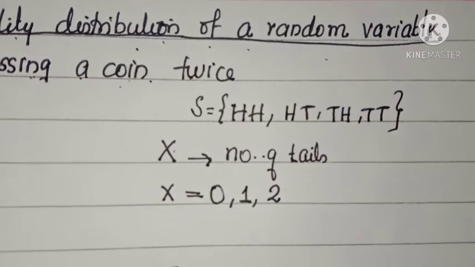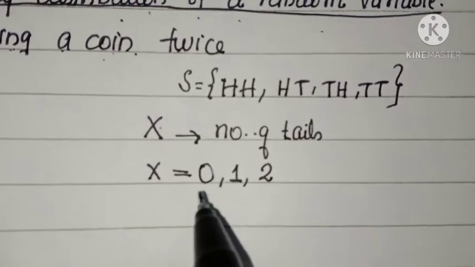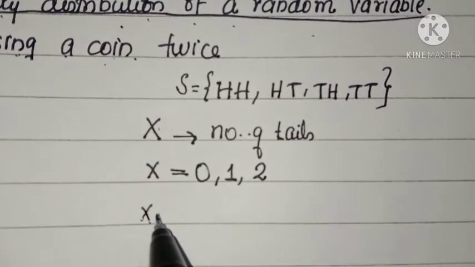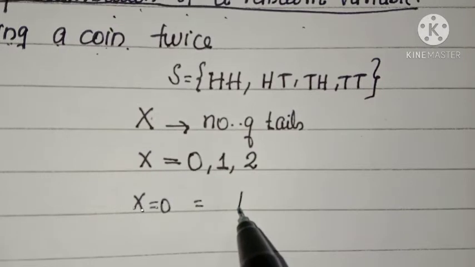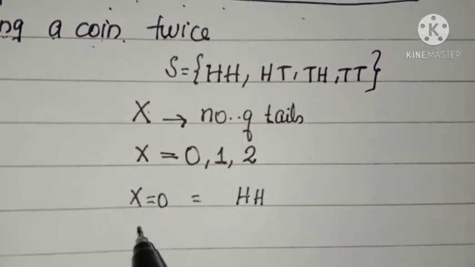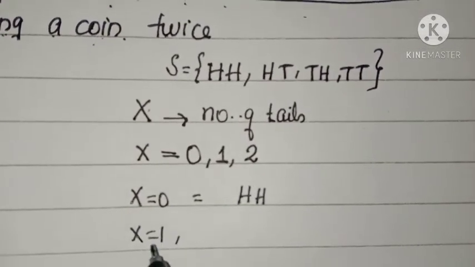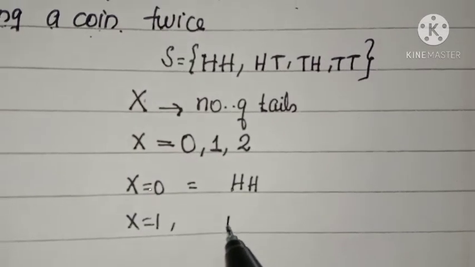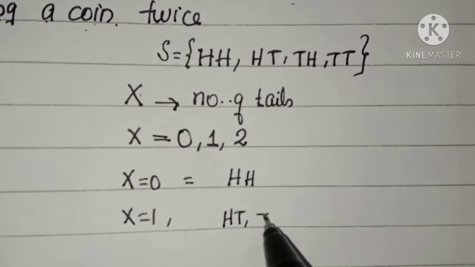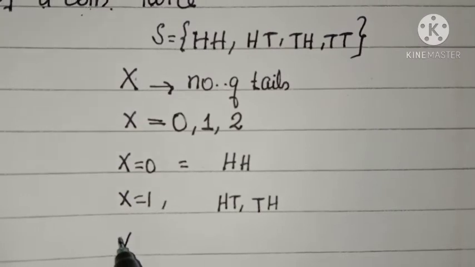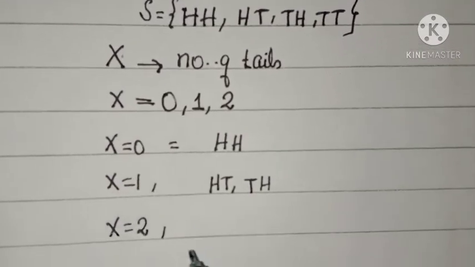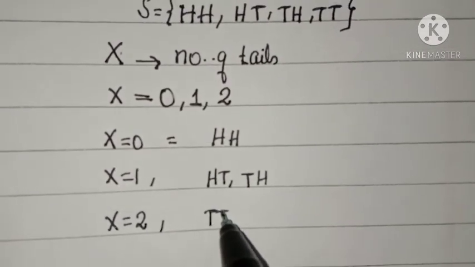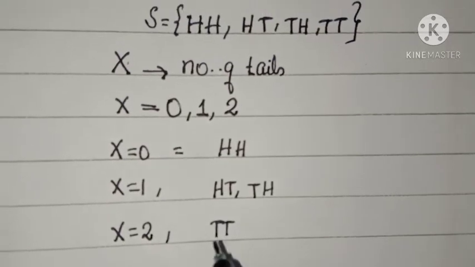These three values. So x equal to 0 means both are heads. X equal to 1 means number of tails equal to 1, which means the outcome is either HT or TH. X equal to 2 means number of tails is equal to 2, that is both are T, the outcome TT.